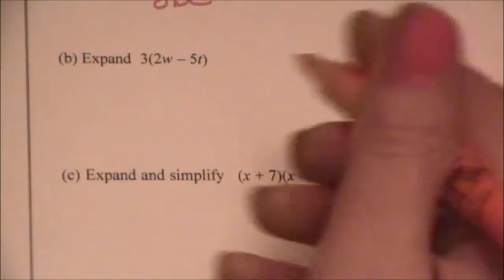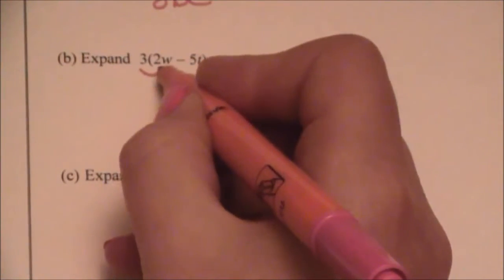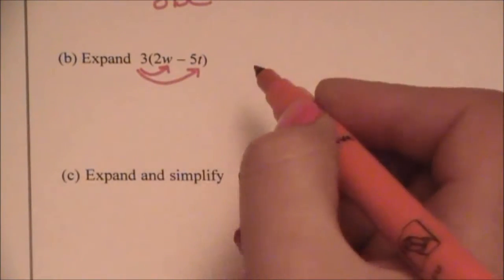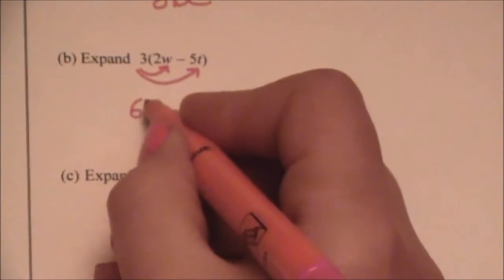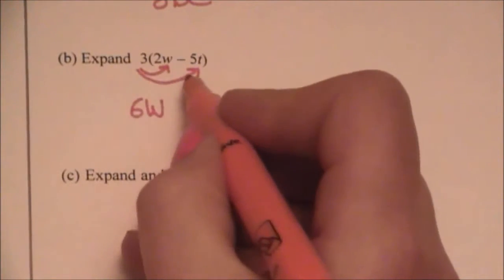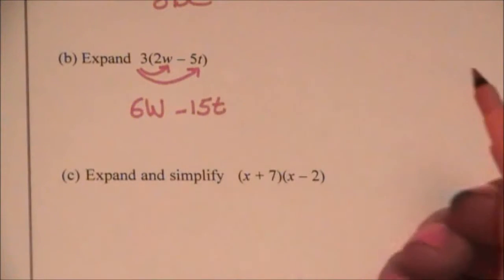For part B, they want you to expand these brackets. Now, to expand brackets, you take the number on the outside and multiply it by both terms on the inside. So 3 times by 2, first of all, is 6, and we've got a w there, so that's 6w. Here I've got 3 times by negative 5, which is negative 15, and there's a t.